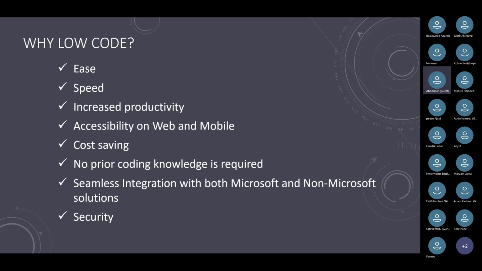Then the accessibility on web and mobile. When you build an application with Power Apps, or Power Platform generally, it can be used on both web and mobile phones, right?